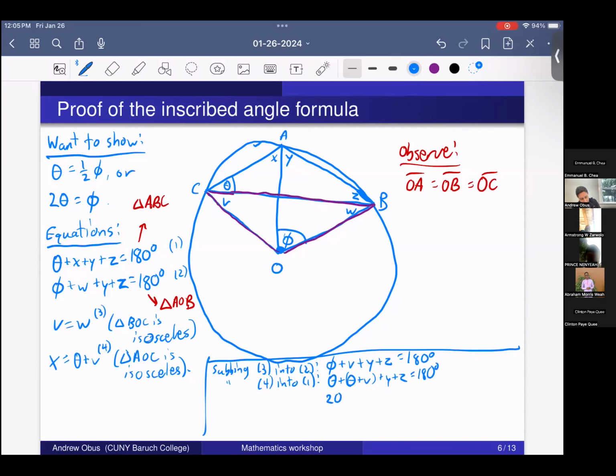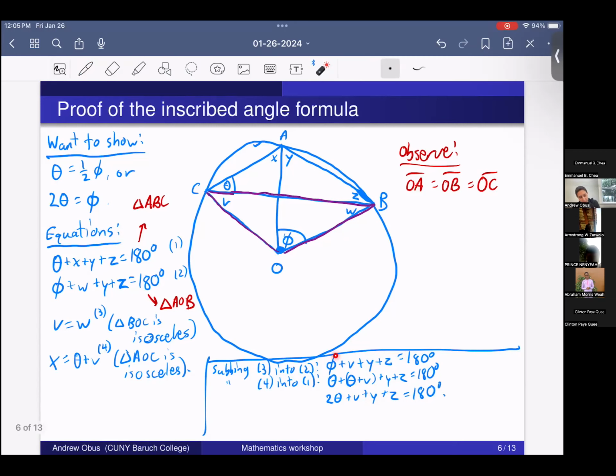Or that says 2 theta plus V plus Y plus Z equals 180 degrees. Well, what do I have? Phi plus V plus Y plus Z is 180, and 2 theta plus V plus Y plus Z is 180. So both 2 theta and phi are angles that when you add them to V plus Y plus Z, you get 180.